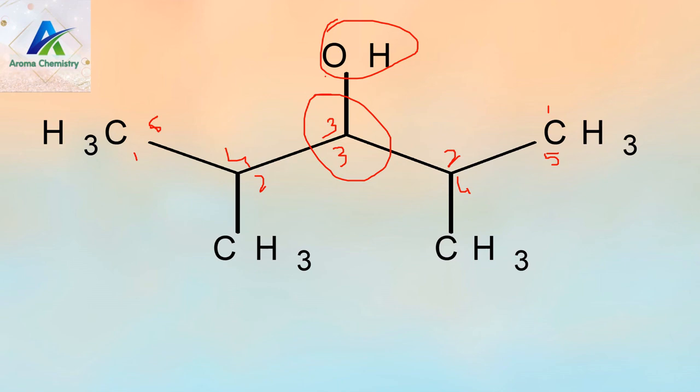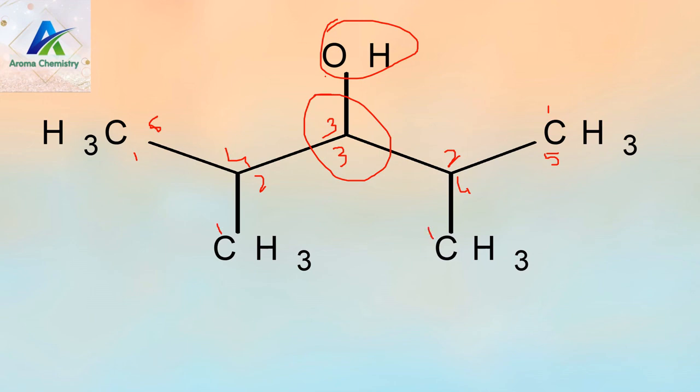ஓகேவா? ஸோ 3 தென் சப்ஸ்டிடியூயன்ஸ் இருக்கு. இதில் ரெண்டுக்கும் அதே மாதிரி சப்ஸ்டிடியூயன்ஸ் இந்த சைட்லேருந்து நேம் பண்ணாலும் 2 and 4 டை சப்ஸ்டிடியூயன், இந்த சைட்லேருந்து நேம் பண்ணாலும் this is 2 4 2. ஸோ 2 and 4 it's only 1 carbon atoms, so methyl.